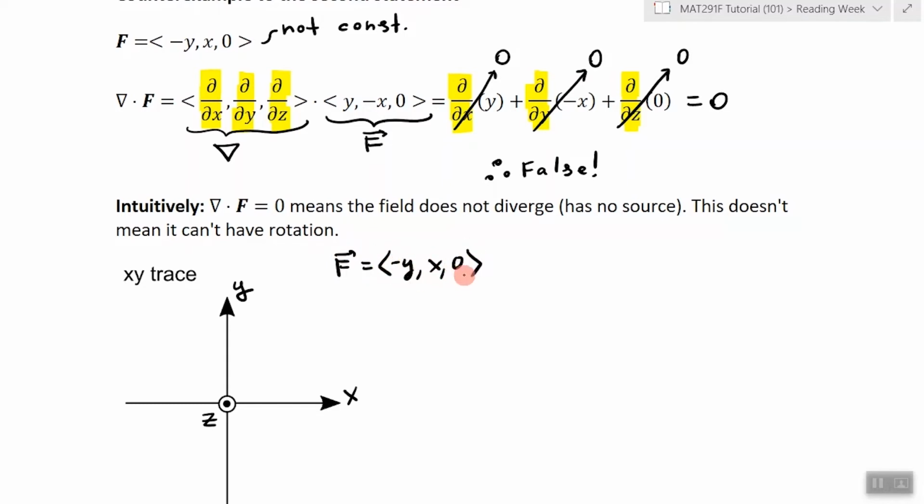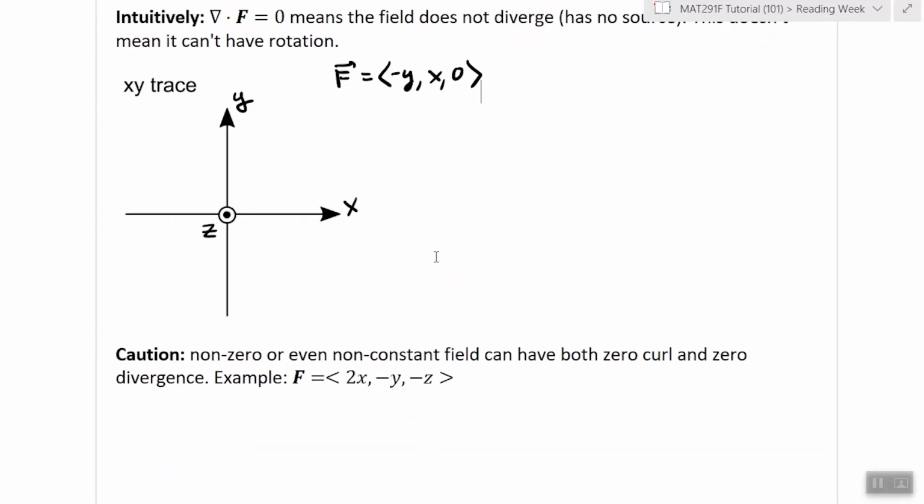Okay, so the z component is 0. So we just need to sketch the y and x components. You can do it two ways. You can just look at a whole bunch of points on the xy plane and then go ahead and sketch the vector field at all of those points. I like to do it slightly differently.